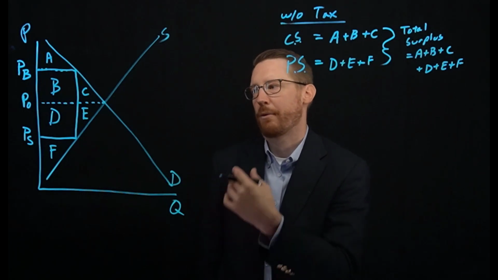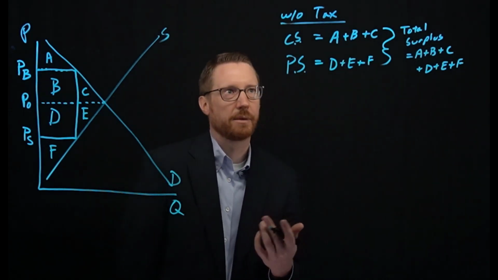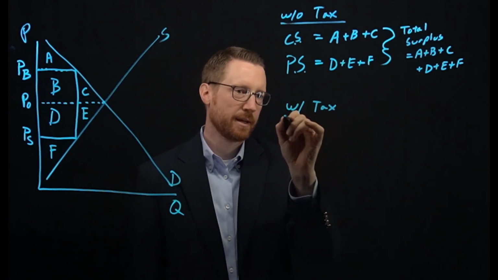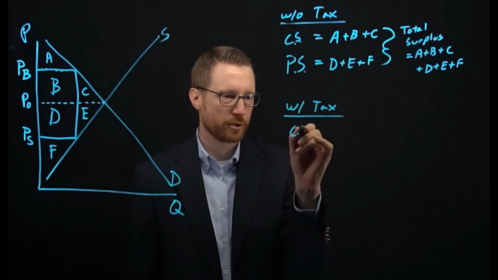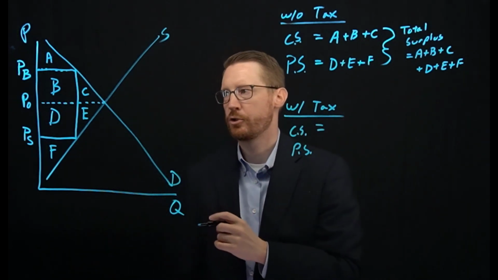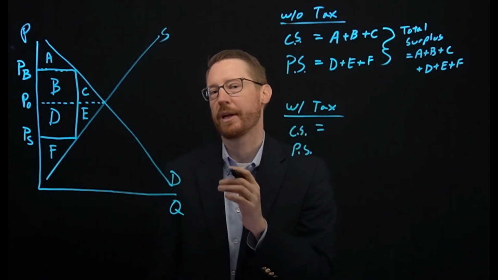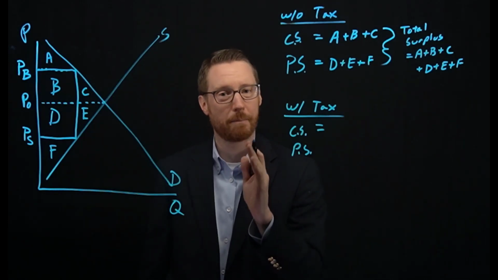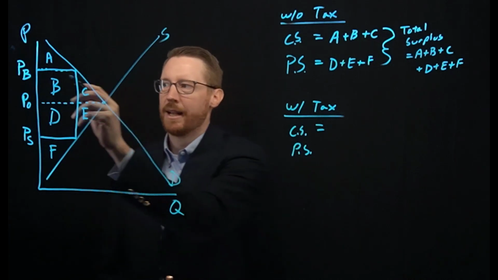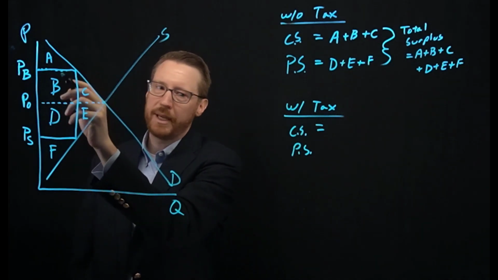But now let's think about, well, what's happened once the tax is put in place? So with the tax, now what's consumer surplus and what's producer surplus? So consumer surplus with the tax put in place is the difference between what the buyer would be willing to pay, the demand curve, and what they pay. So that's P sub B, right?